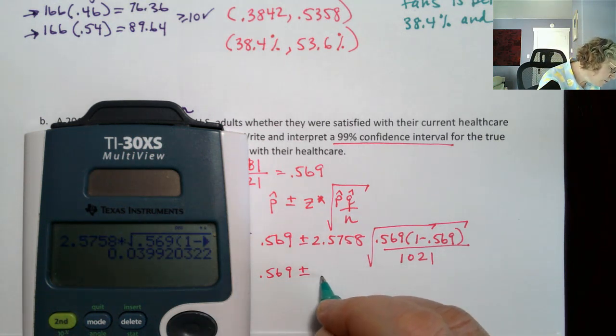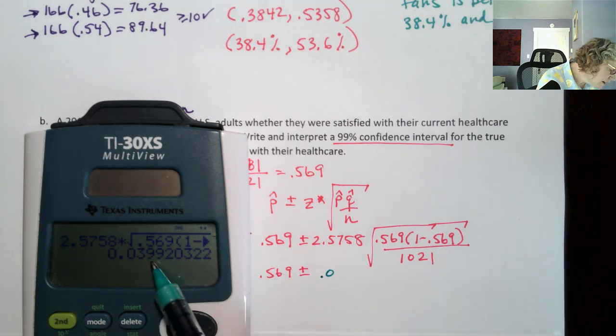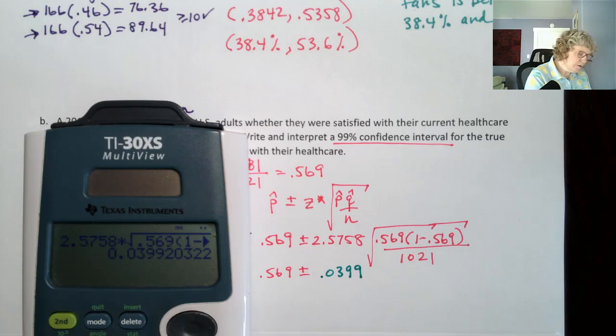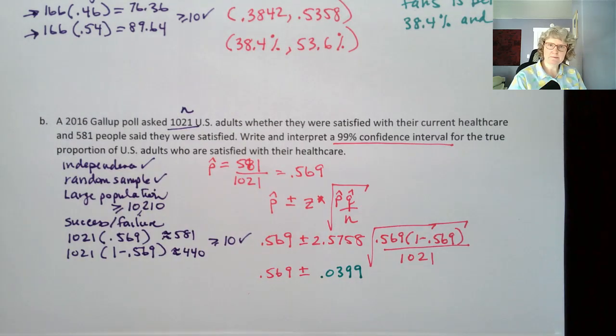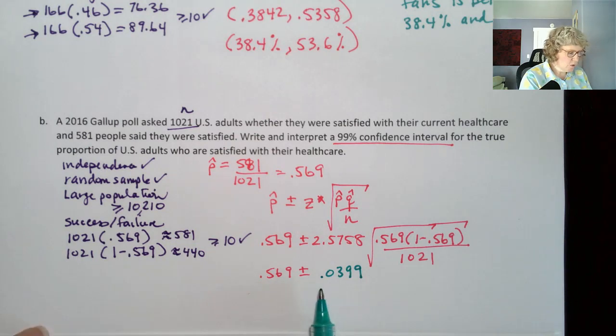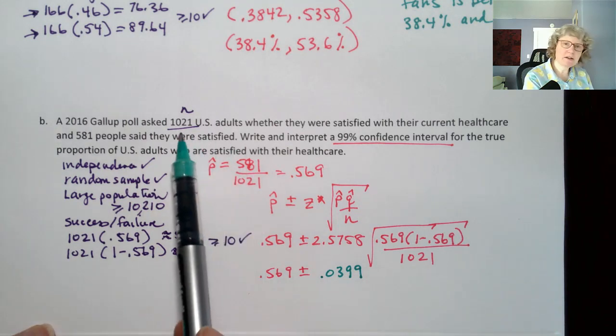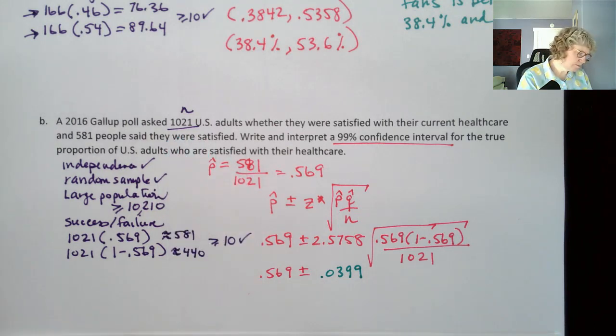So that's plus or minus 0.0399. Okay, so pretty much 4%, right? That looks much better. That's a more reasonable interval than plus or minus almost 8% from the other one, right? And that's because we had a bigger sample size, 1021.